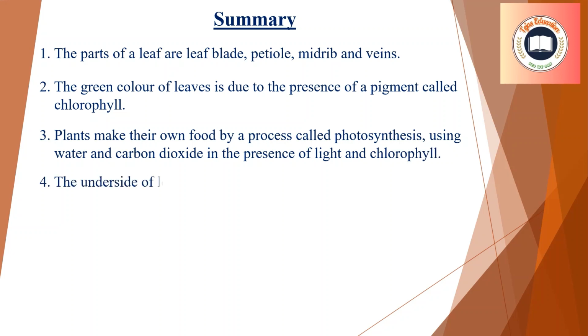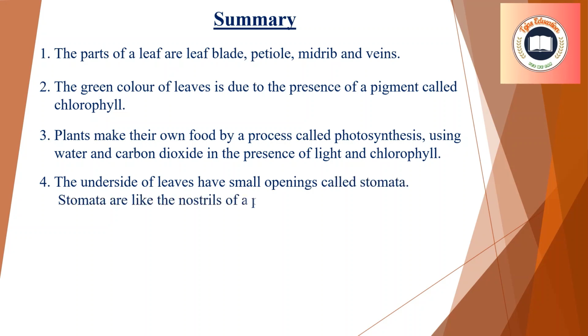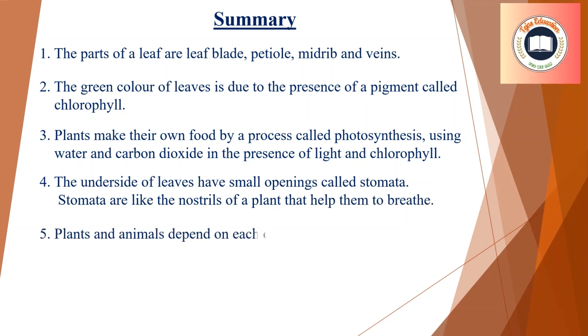The underside of leaves have small openings called stomata. Stomata are like the nostrils of a plant that help them to breathe. Plants and animals depend on each other for their survival.